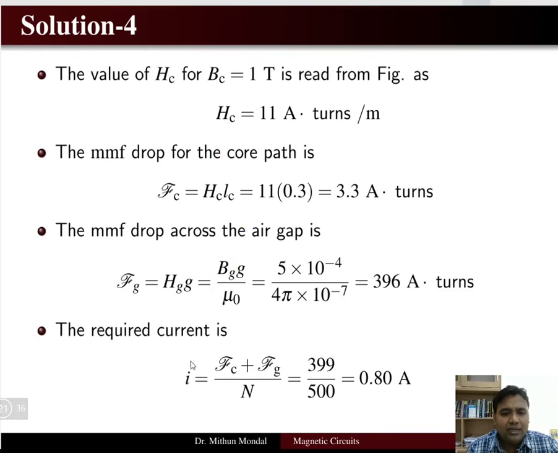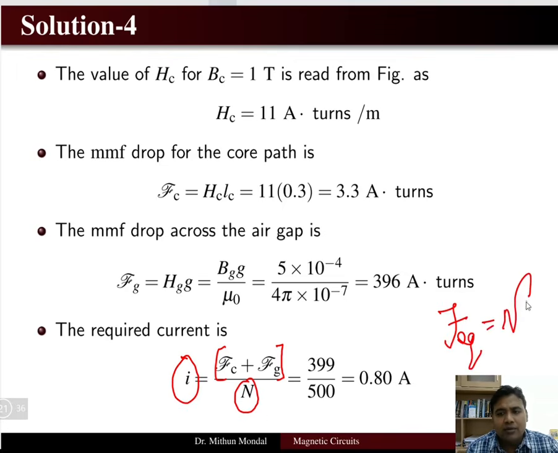Finally, the current requirement will be the sum of the MMF in the core plus air gap divided by the number of turns, because the equivalent MMF F will be the number of turns times the current. Dividing by the number of turns, it is 0.80 ampere.